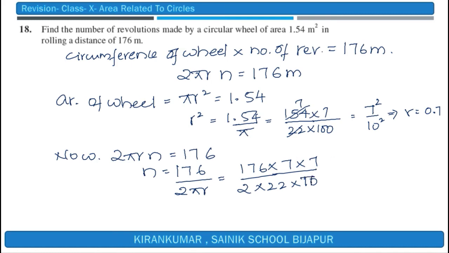Yes, 7 and 7 will get cancelled. We get 44, 4 times is 176. So the number of revolutions is 40 revolutions.